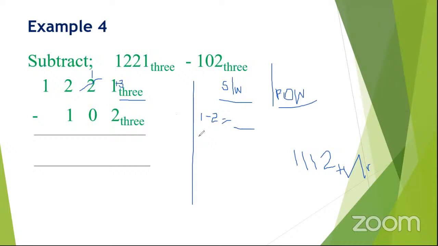So here we shall have 1 plus 3, bracket, minus 2. 1 plus 3 we get 4, minus 2, giving us answer 2.